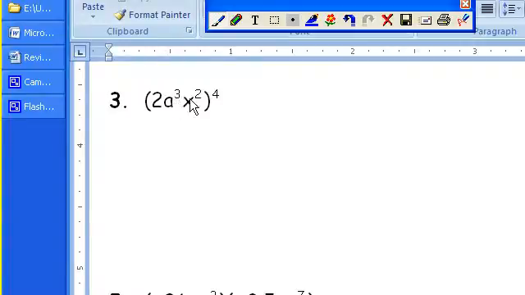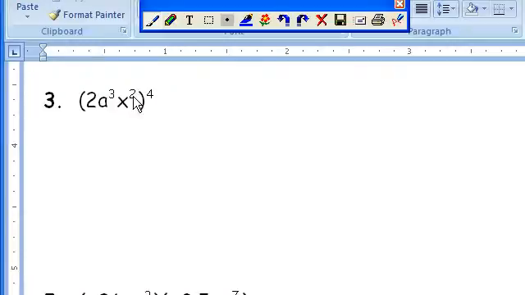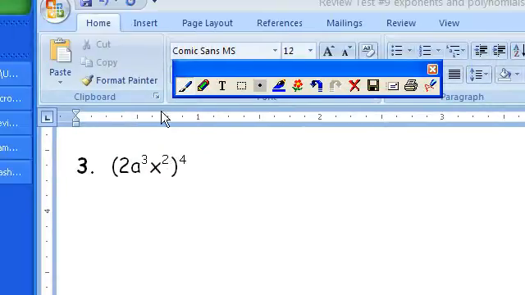It's an a cubed and an x squared. So there's the power, but the whole thing is raised to a power of 4. So this is what we call the power to a power rule. The rule goes, when we have a power to a power, we multiply them. So let's see what this looks like.